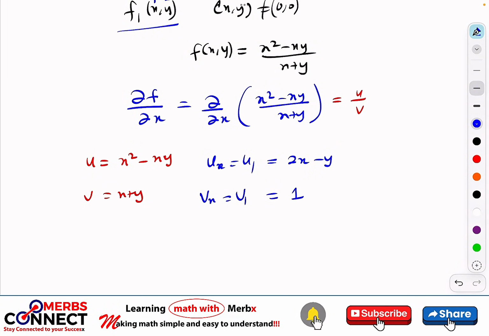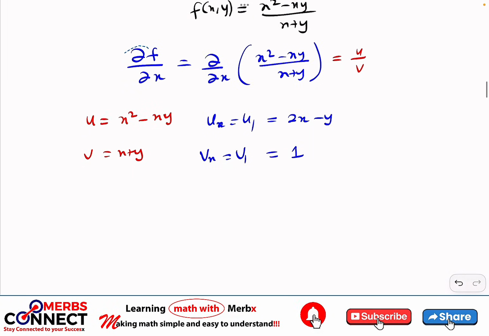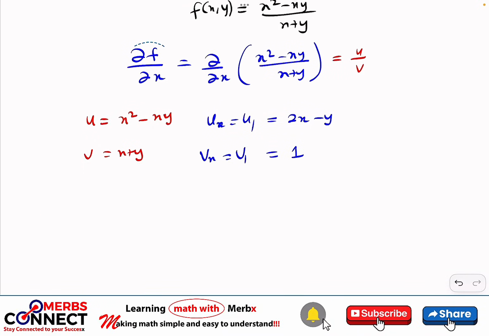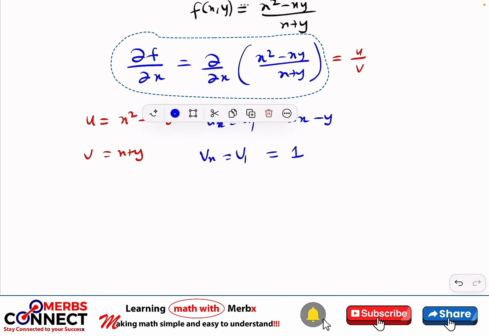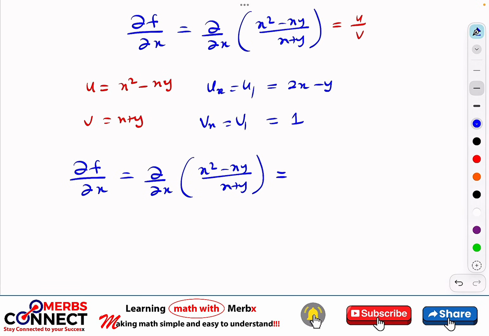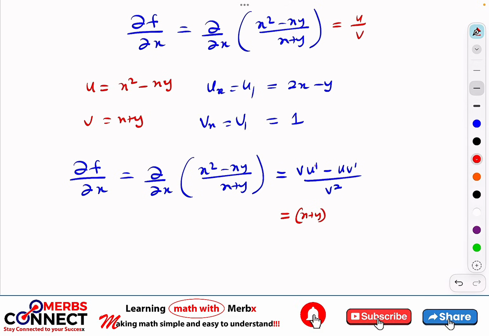So what is the quotient rule? All right. Quotient rule says that if I want to differentiate this function, okay, let me just pick this one up to this one, duplicate it, and bring it. So if I want to differentiate this, quotient says maintain v, differentiate u, minus maintain u, differentiate v, divided by v squared. So let's do substitution. V is x plus y times, okay, so this is partial, right?